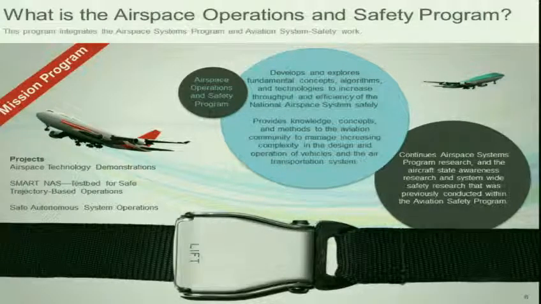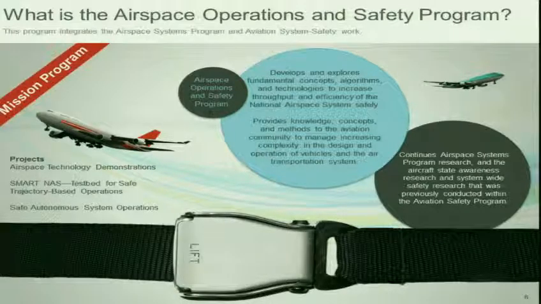Now, to suggest that Airspace Systems had not been addressing safety before is wrong. We have been, but the opportunity to bring in some of the advanced capability that has been driven aggressively through the Aviation Safety program over the years is providing far greater additional value and integration of our capabilities.